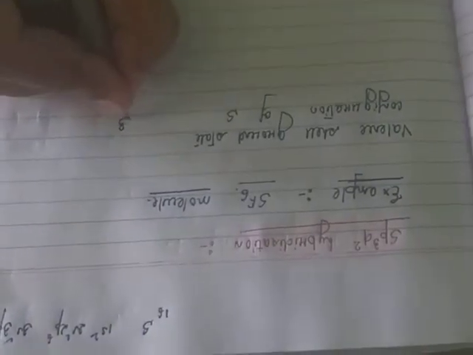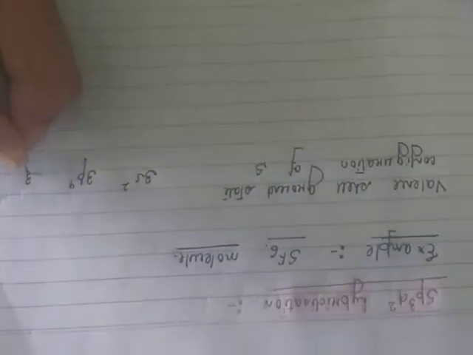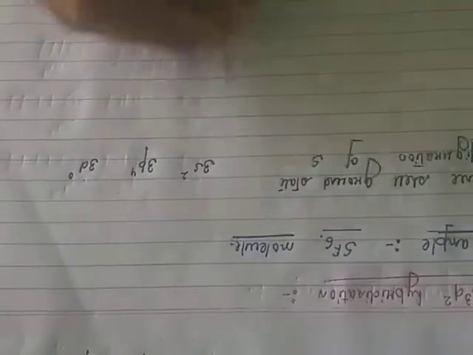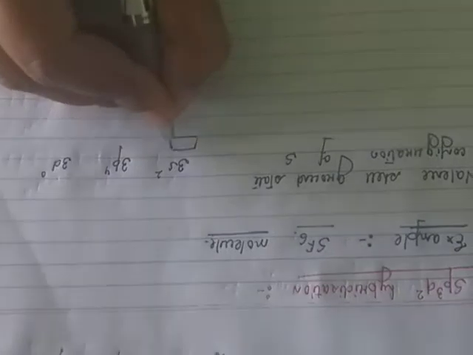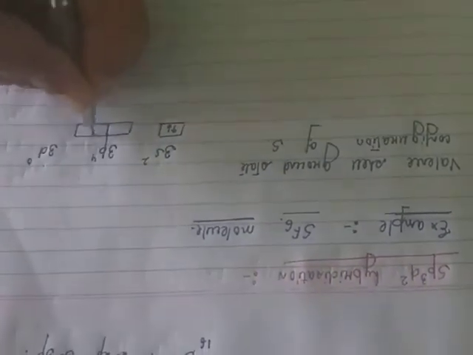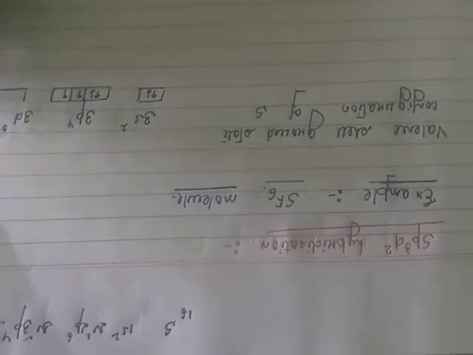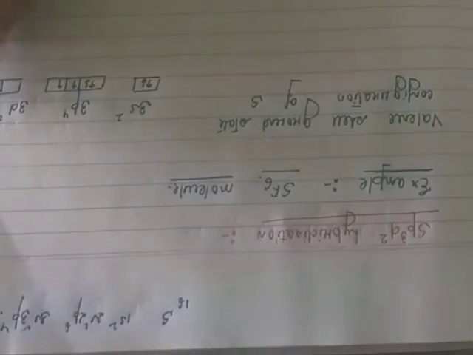So it has a valence shell configuration of 3s2, 3p4 and 3d0. The orbital diagrams are like this, as per Hund's rule, and 3d0.